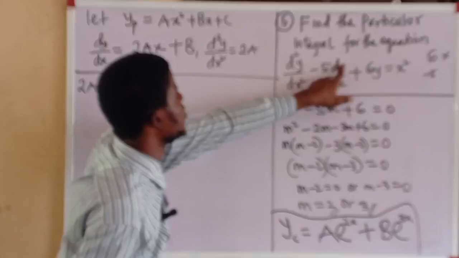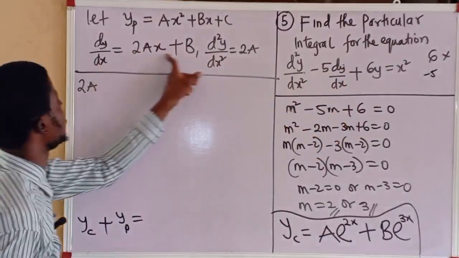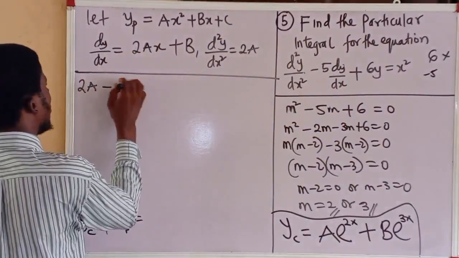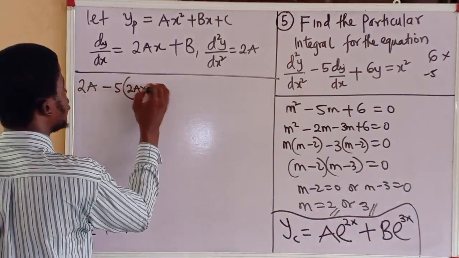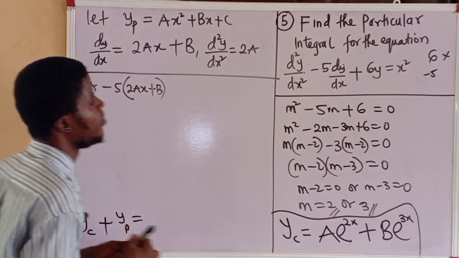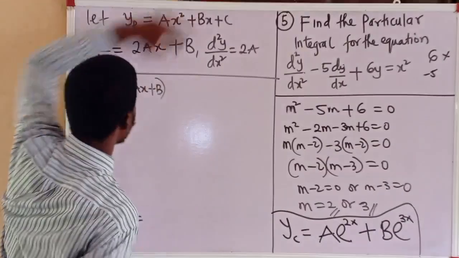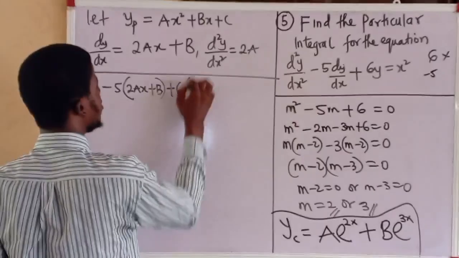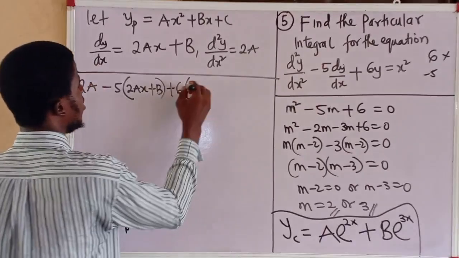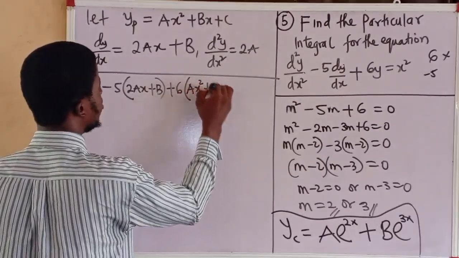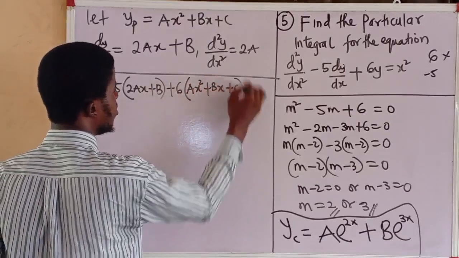In place of dy dx, I'll write everything here. So minus 5 into 2ax plus b. In place of y, I'll write this. So plus 6 into ax squared plus bx plus c.